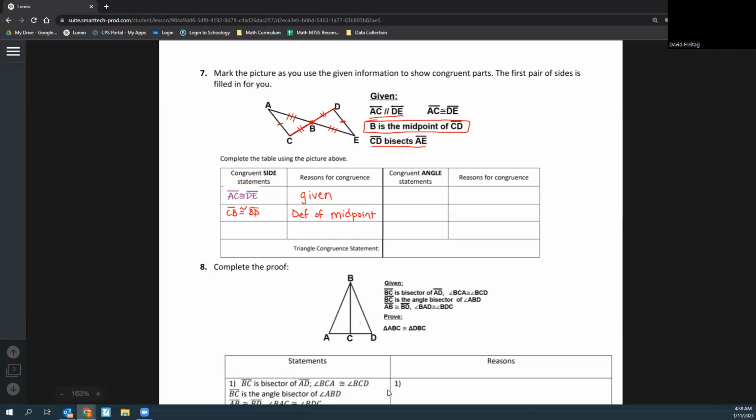So I know I can state AB is congruent to BE. And this is because of the definition of bisector. Notice I'm using the terms that are given to me, midpoint, bisector, as a way to prove it.